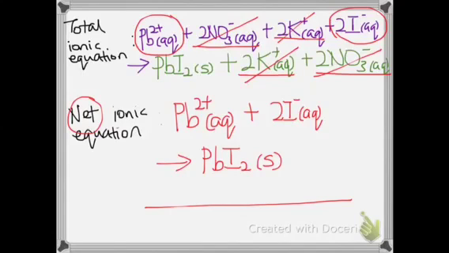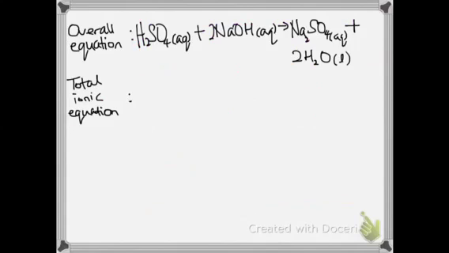Now let's take a look at another example. Now in this case, we are looking at a neutralization reaction, a reaction between an acid, which in this case is sulfuric acid, reacting with sodium hydroxide, NaOH. Now again, remember, the first step we have to do after constructing the balanced chemical equation is to identify the aqueous species.